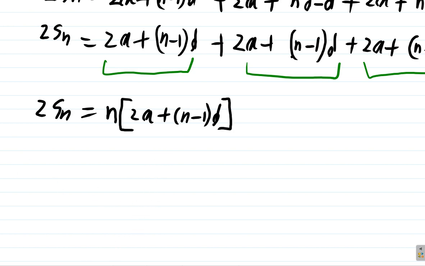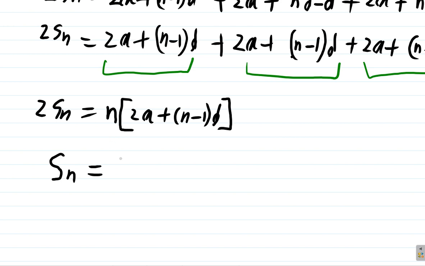So now we're trying to find the sum of the first n terms. Not 2 times the sum of the first n terms, just the sum of the first n terms. So I have to divide both sides by 2. Divide by 2 is the same as multiplying by a half. If you multiply the left hand side by a half, 2 times a half is 1, so we get the sum of the first n terms.